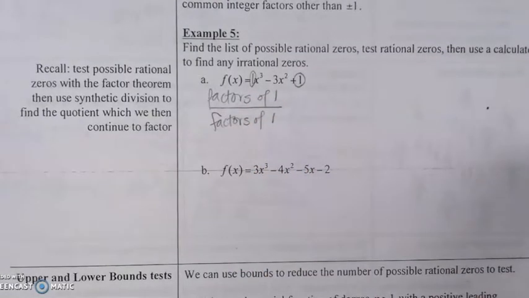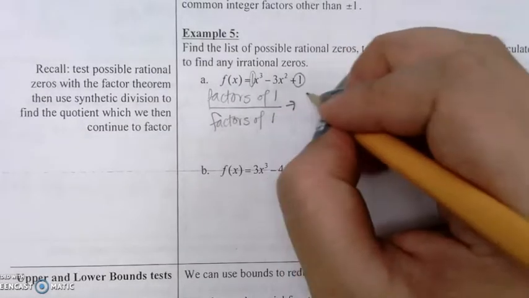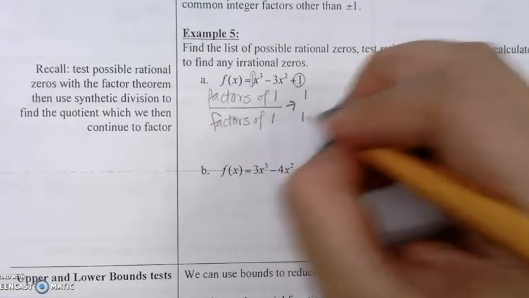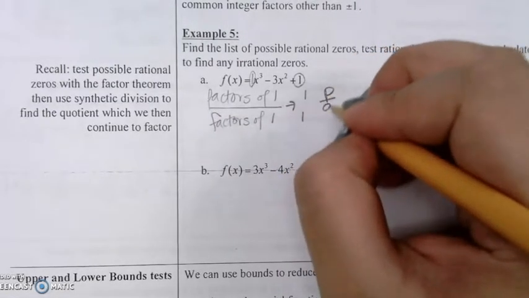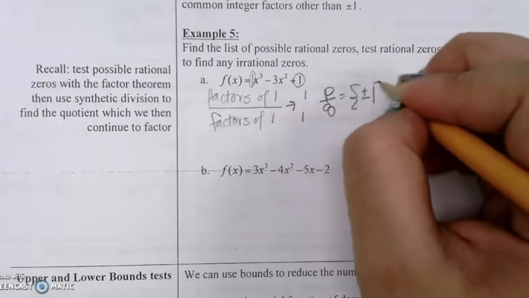Well, this is nice and easy because there's only one factor of 1, and that is 1. But I could have negative 1 times negative 1 as well, so I have to consider the plus or minus version of each factor. So this gives me 1 and 1.